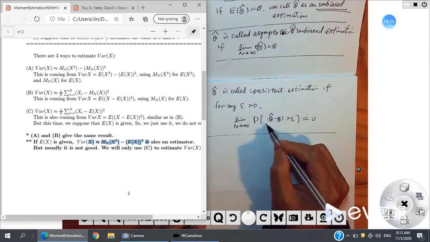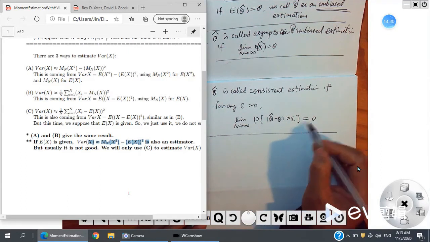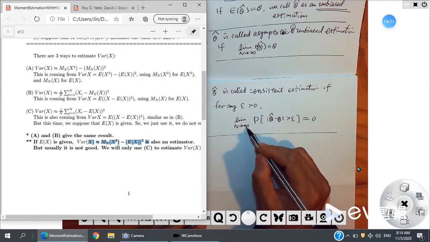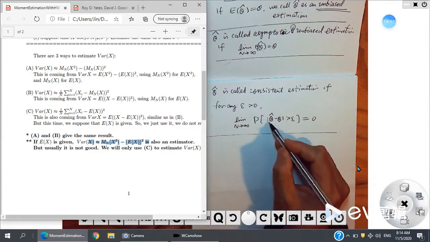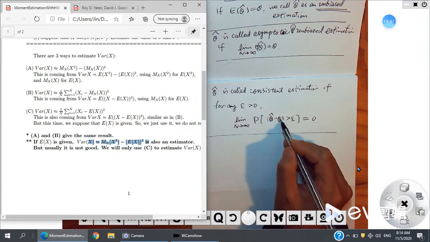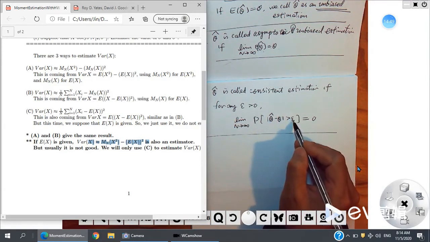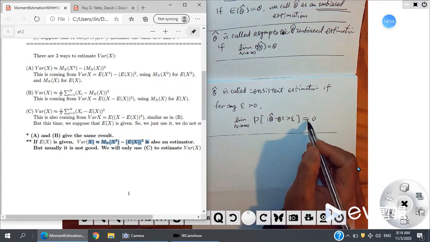The probability of this event will tend to be 0 when n tends to infinity. So that means for large n, you will have a very small chance that theta hat has an error larger than epsilon. This is the error bound. Your error over epsilon, the probability of this will tend to be 0.